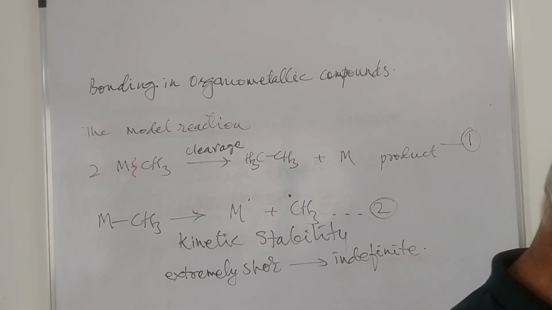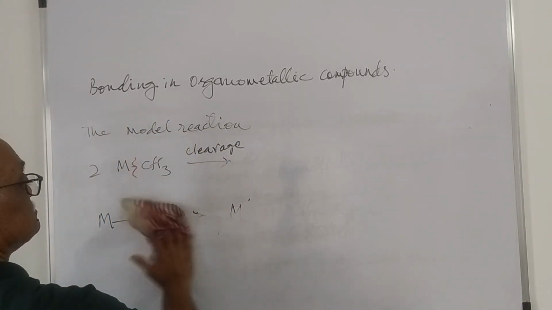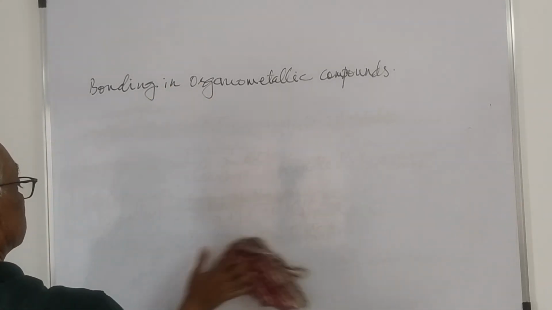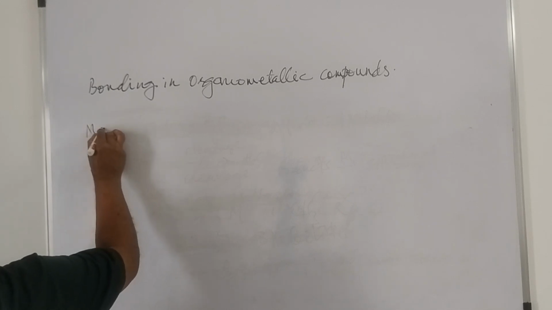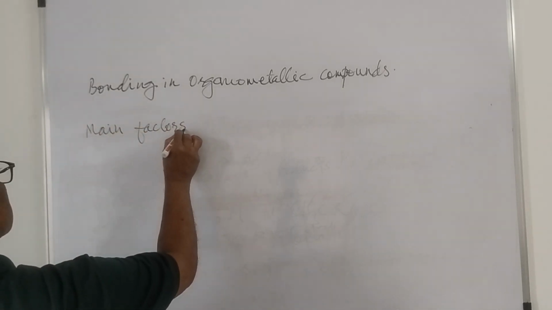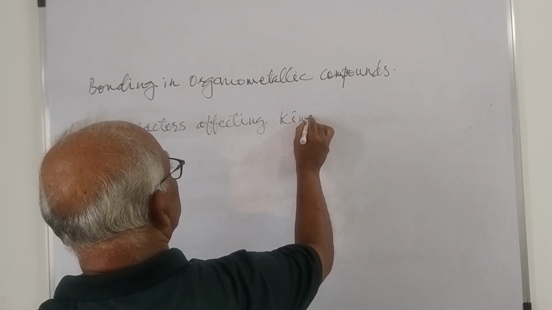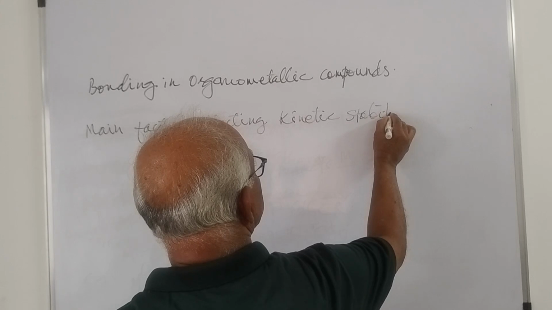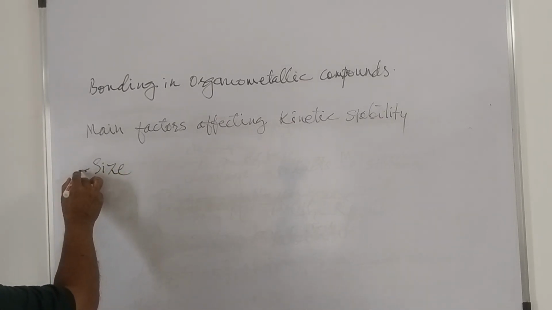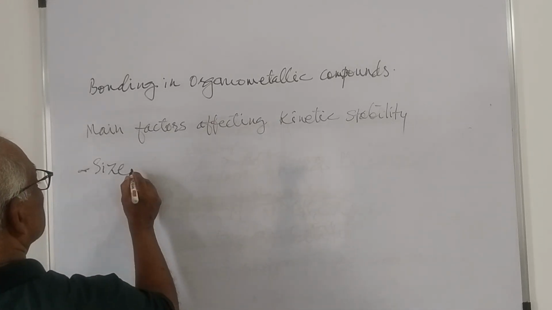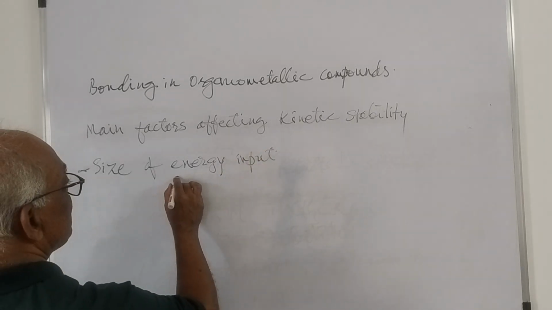Then if we see the main factors affecting kinetic stability, the main factor is the size of the energy input, and that is called the energy of activation.